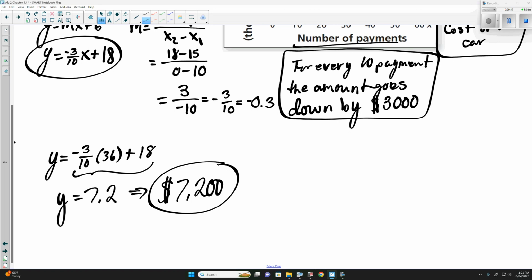What's most likely going to happen, the farther out past 5 years you go, you run the risk of being upside down on your loan. After 5 years, let's say you have $2,000 left on it, the likelihood that the car is still worth at least $2,000 is not high. It could be that the car is only worth $1,000.